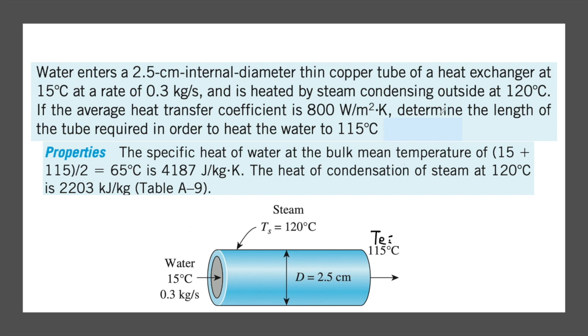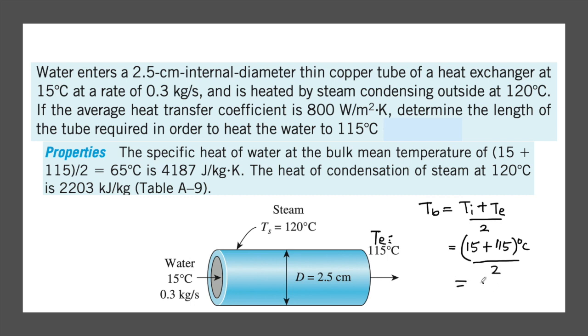So the bulk mean temperature equation is T bulk equals T inlet plus T exit divided by 2. Now we have T inlet at 15 degrees, we must add 115 degrees Celsius, divided by 2.